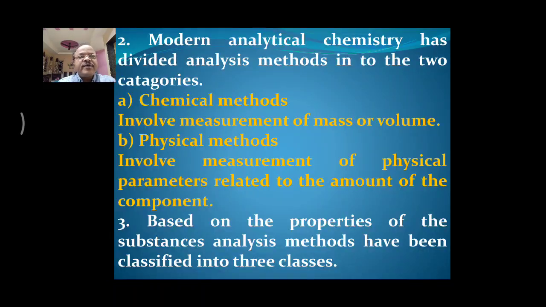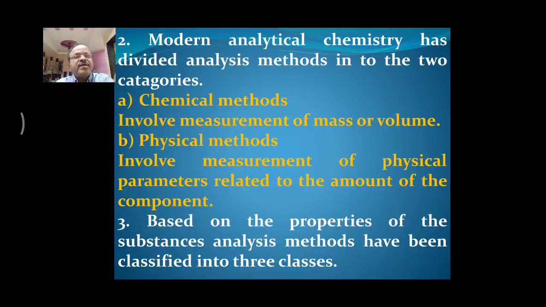The second classification is suggested by modern analytical chemistry, and it has divided the analysis methods into two categories. The first one is chemical methods and the second one is physical methods.